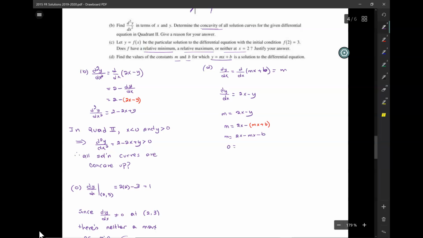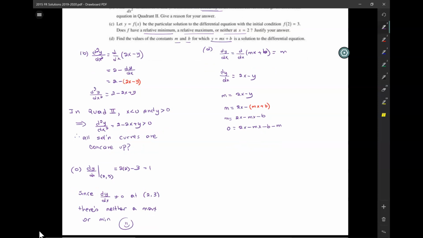So 0 is 2x minus mx minus b plus m. Just subtract it. I still have that pesky little x, so why don't I factor out the x? And I get x times 2 minus m, minus b plus m, like that, right?